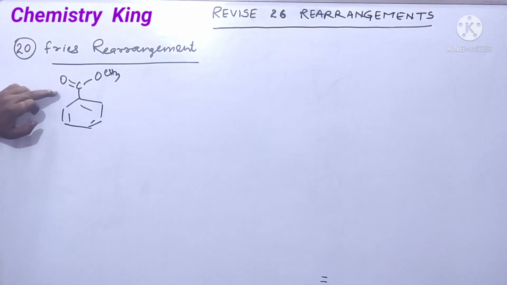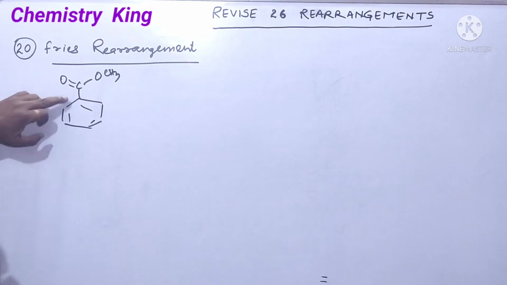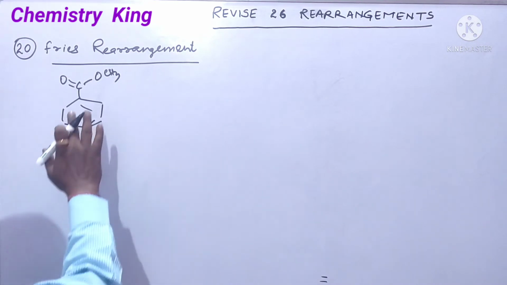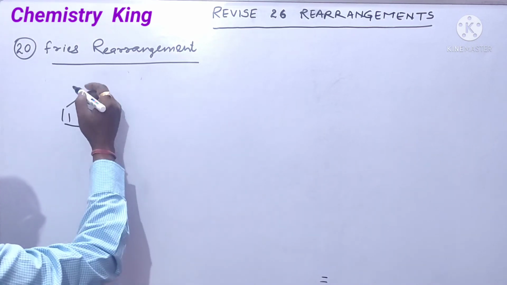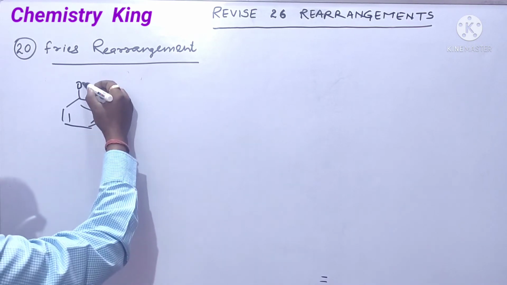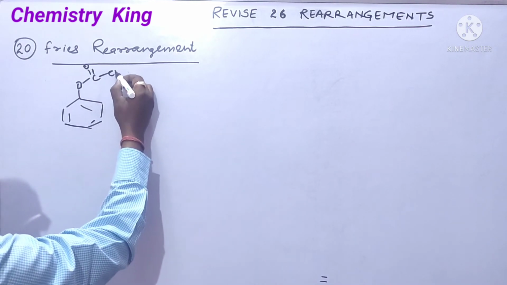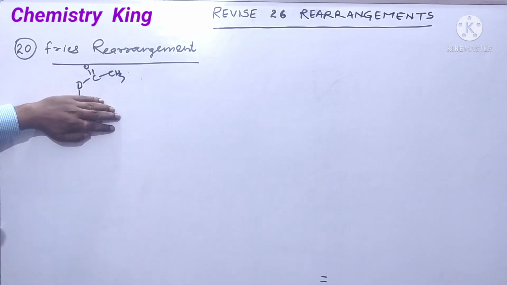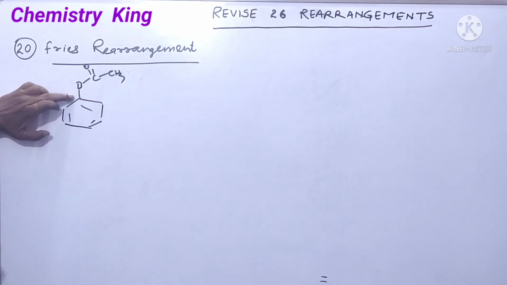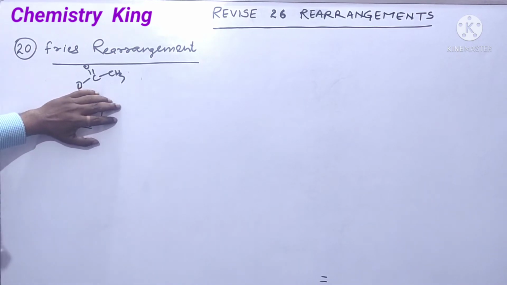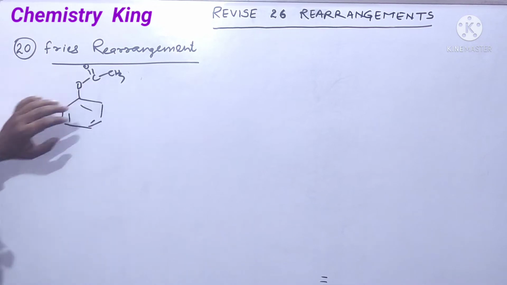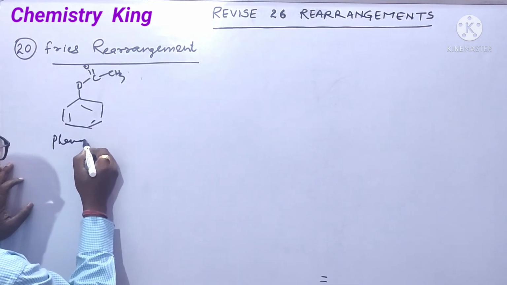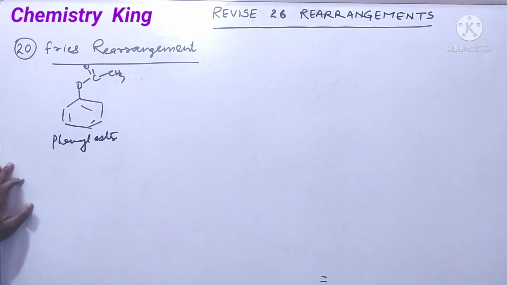But in place of this, if you put, friends, not in this fashion but write it as O, C double bond O, CH3. It is acetic acid. Sorry, it is acetic acid, CH3, C double bond O, bond H. If in place of hydrogen you take phenyl, it will be phenyl ester. Right here, phenyl ester. Okay.